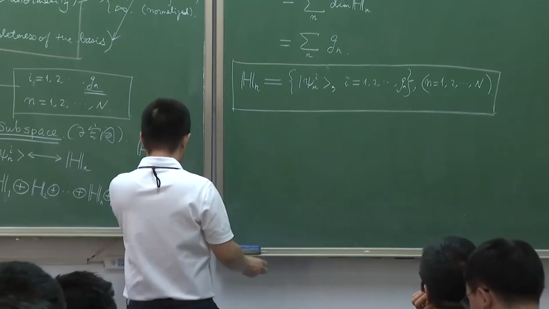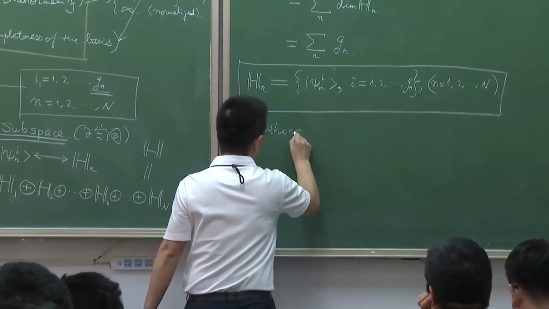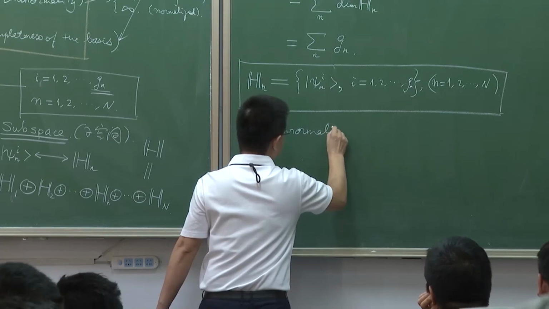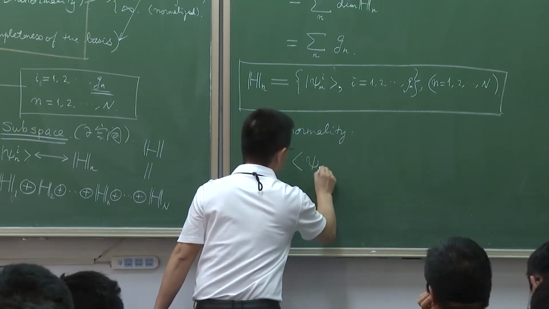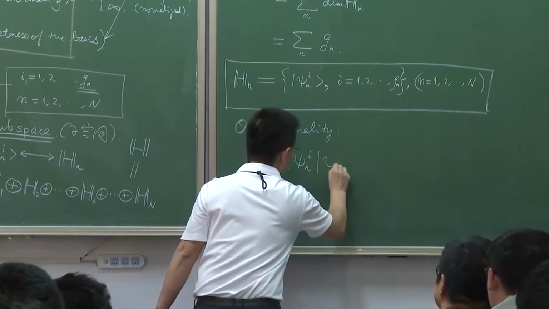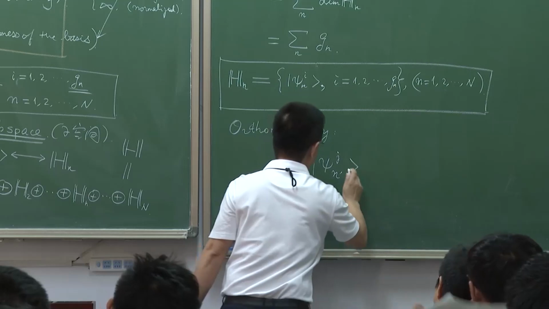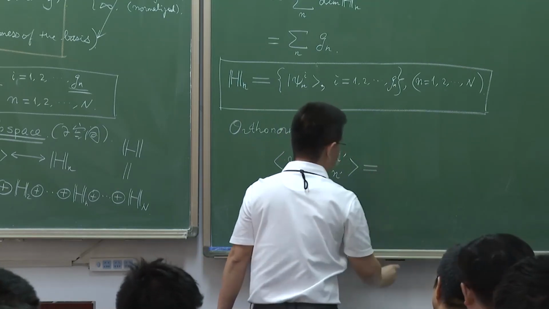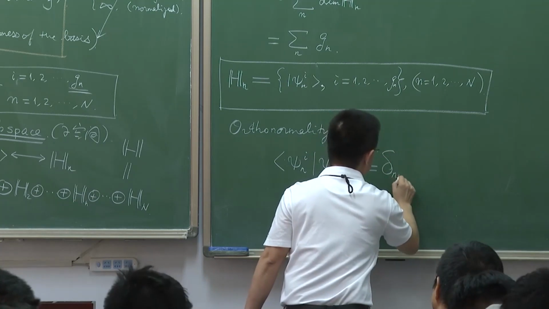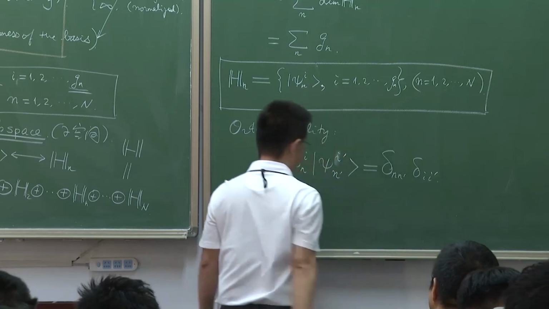And for the degenerate case, we have the orthonormality conditions. It's like this. It is equal to delta n, n prime, delta i, i prime.